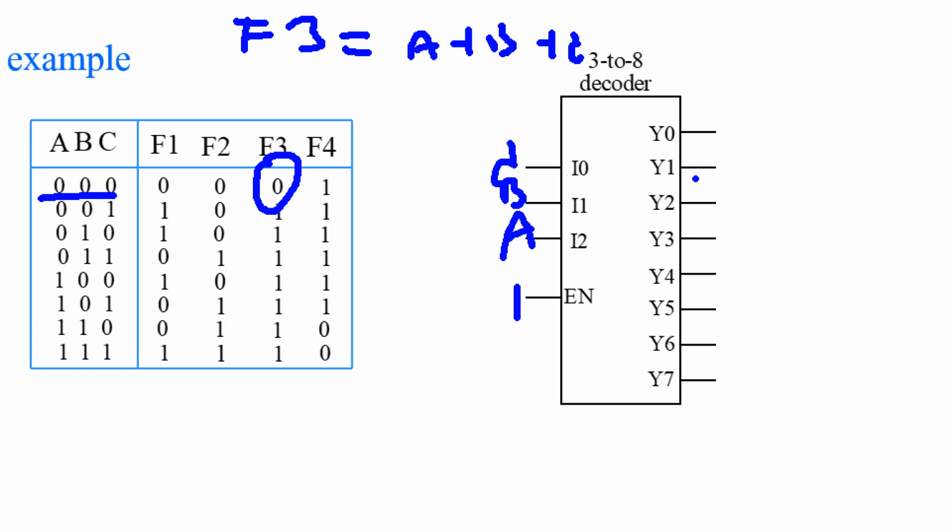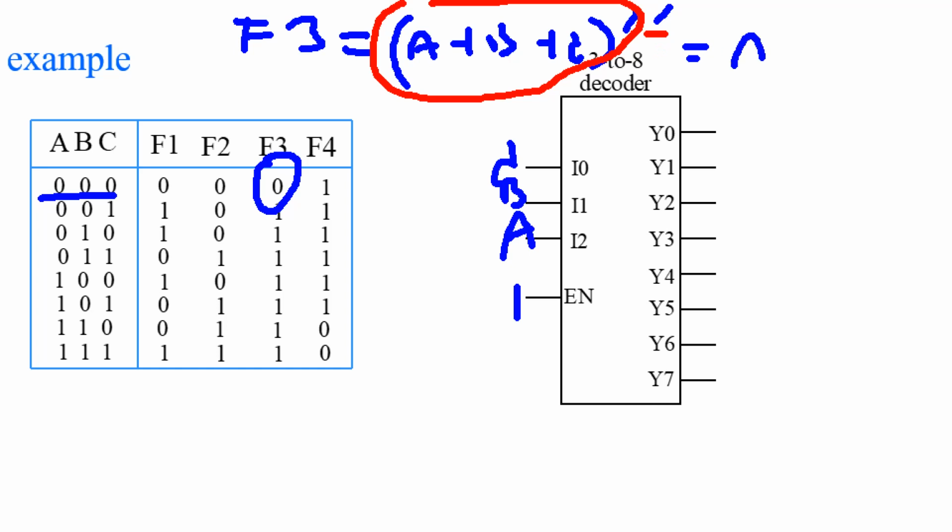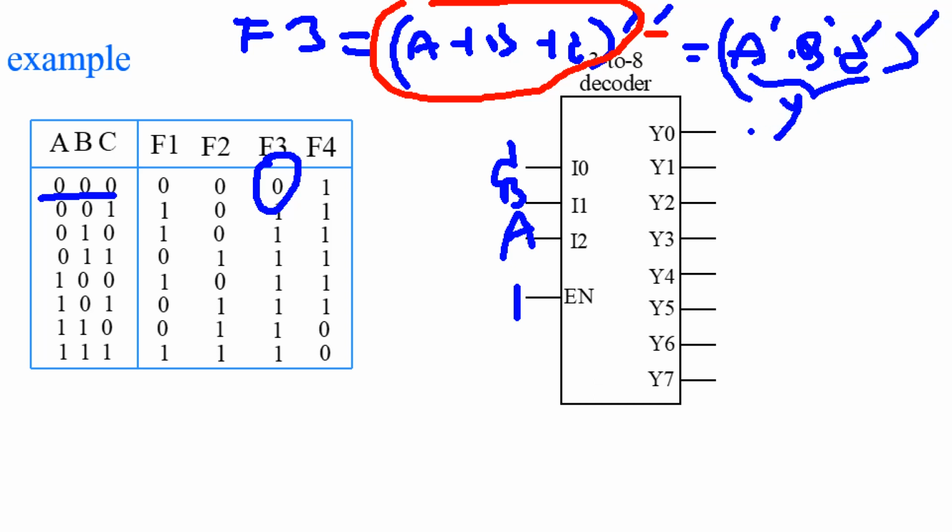Anyway, the output of the decoder we write as a product term, not a sum term. So what should you do? Maybe you must invert. If you invert this term, then it becomes A prime and B prime and C prime, and then invert. This one is Y0, and then invert. That's F3.